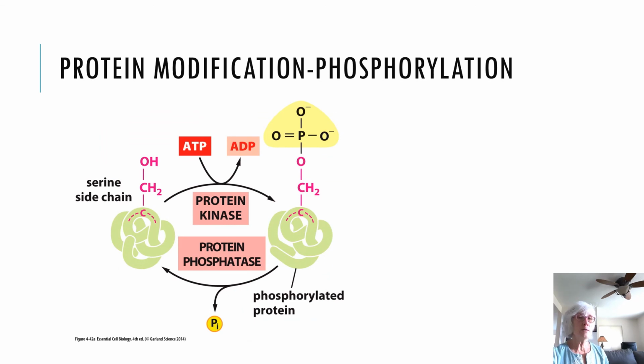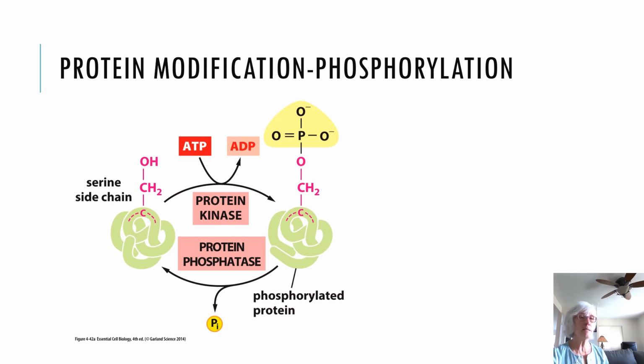So how does calcium do that? Well, I need to remind you first of one way that we can modify proteins. So we're looking at a green globular protein on the left-hand side of this diagram, and this green globular protein happens to have as one of its amino acids a serine.